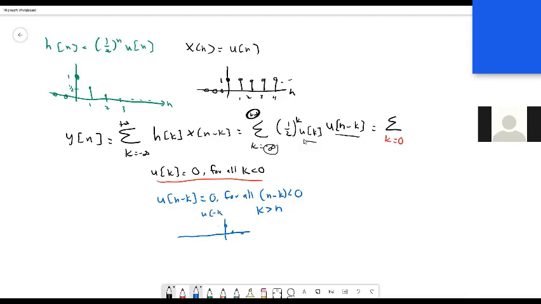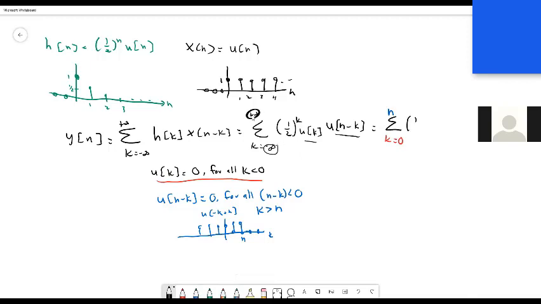That's zeros and ones going backwards. When we make it minus k plus n, we shift it forward. And then it goes to 0. The last sample there is going to be at k equals n. So in our summation, for any values of k that are greater than n, this product is going to be 0. So we can end our summation at n, not at infinity.